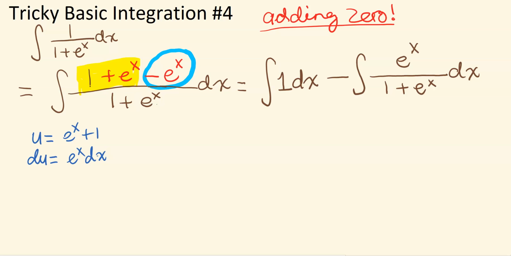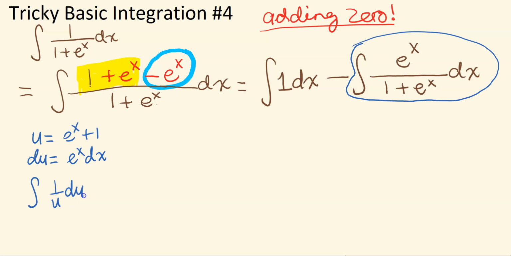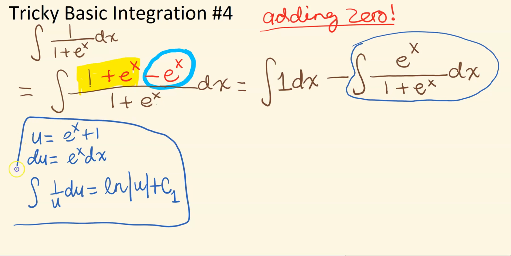Then that integral right here will become the integral of 1 over u du, which is ln of absolute value of u plus some c1.